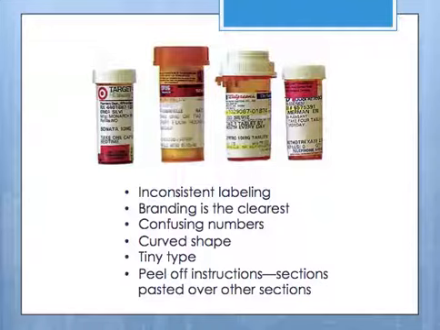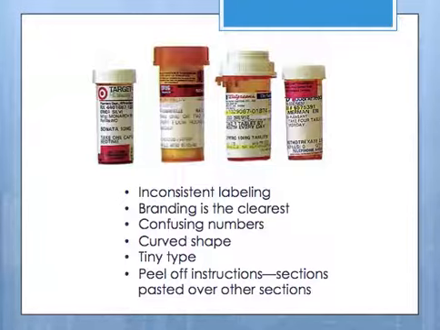There are confusing numbers that are hard to tell what they go to and what they mean. Also the curved shape, it's a small cylinder bottle. Often people that are taking medications, especially several medications daily, are the elderly. They might be people that have just had a surgery and are weak. This design is not going to help them because it's a tiny cylinder and it's not easy to grip.